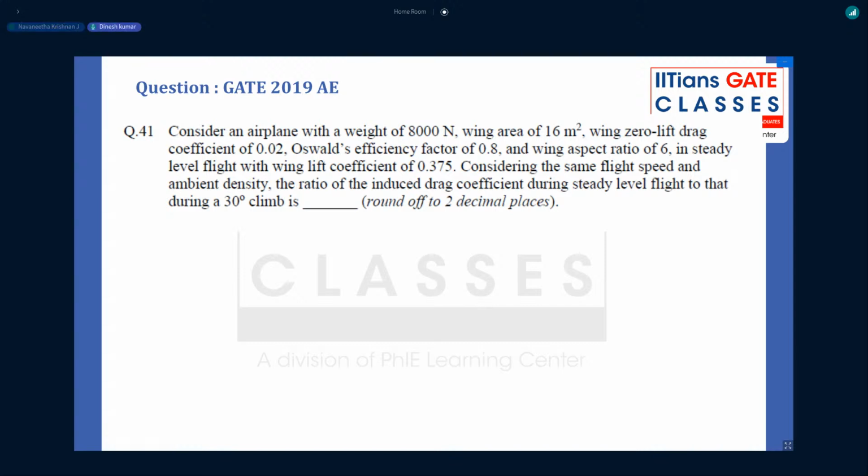Wing aspect ratio is 6, in steady level flight with the wing lift coefficient of 0.375. Consider the same flight speed and ambient density. The ratio of induced drag coefficient during steady level flight to that of the climb flight is dash. Please try to solve. I'll give the solution in a minute.